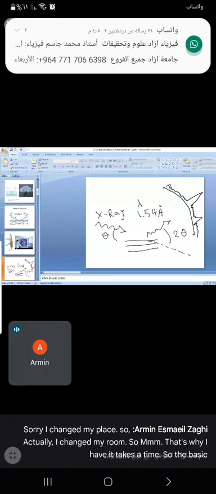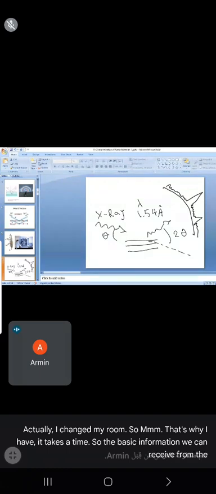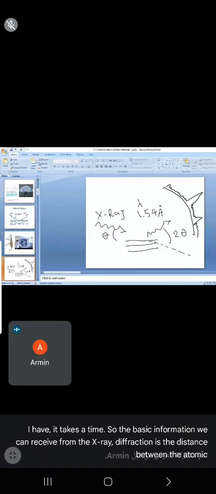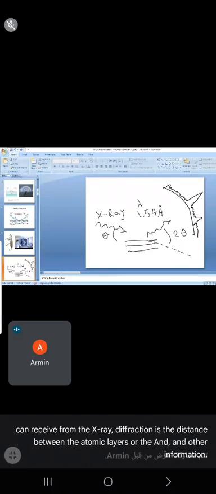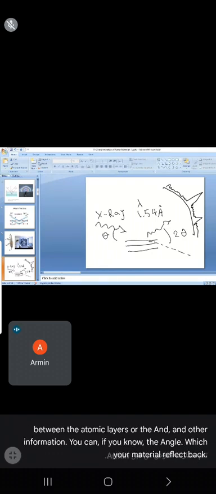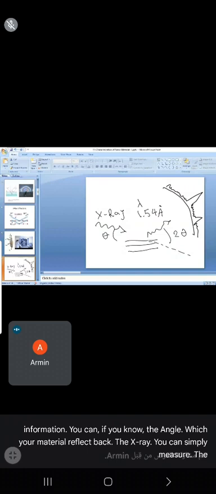So the basic information we can receive from X-ray diffraction is the distance between the atomic layers, or d, and other information. If you know the angle at which your material reflects back the X-ray, you can simply measure the distance between your atomic layers.